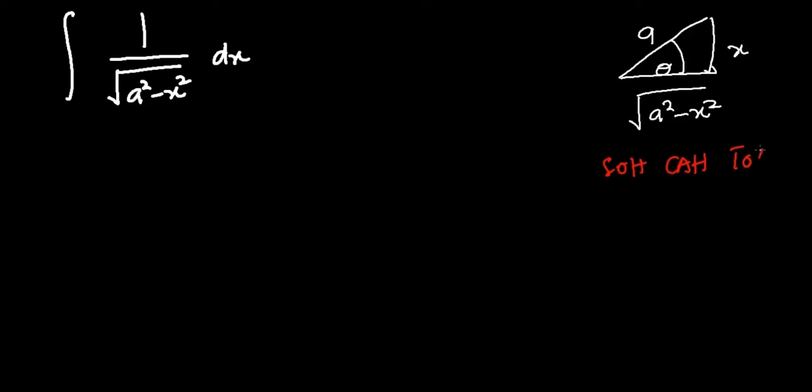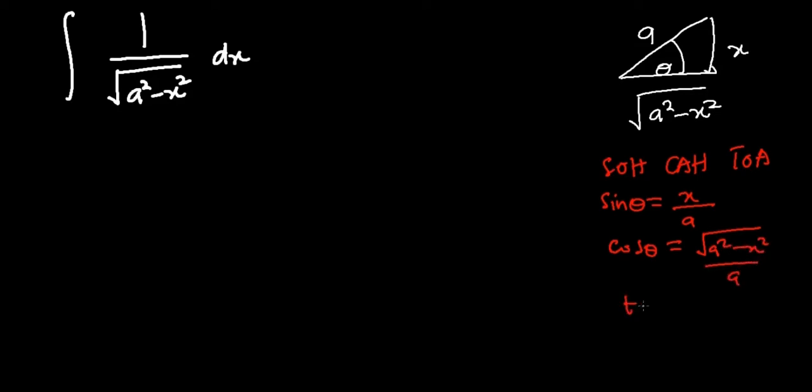Okay, so now let's first do sine. The sine of this angle is opposite over hypotenuse, that's x over a. And then cosine of this angle is adjacent over hypotenuse, that will be the square root of a squared minus x squared over the hypotenuse, which is a.